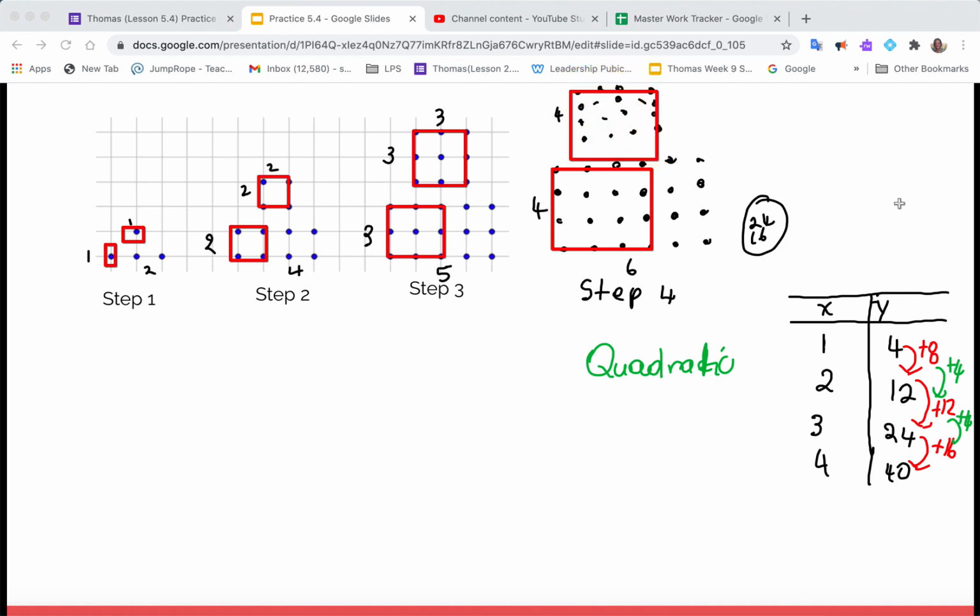And then the other thing I'm noticing is there's always a 2 times n right here. This is 2n. This is 2n. This is 2 times n.